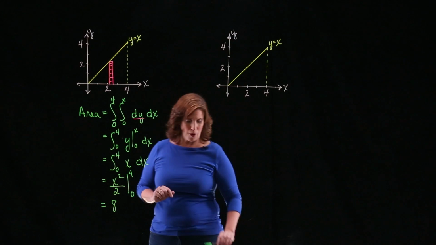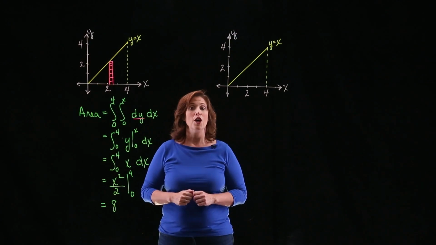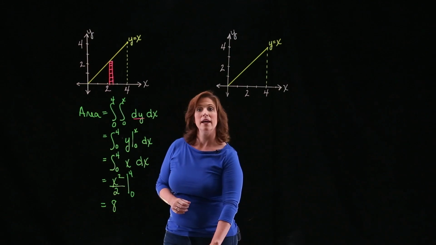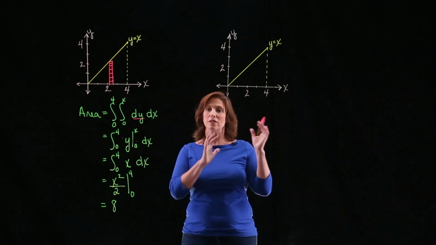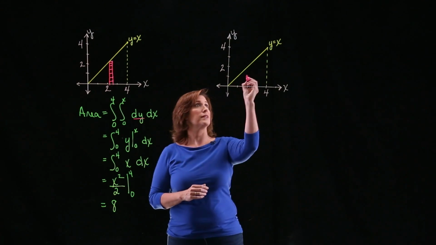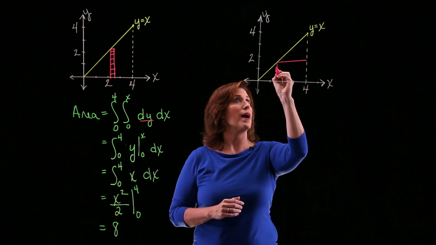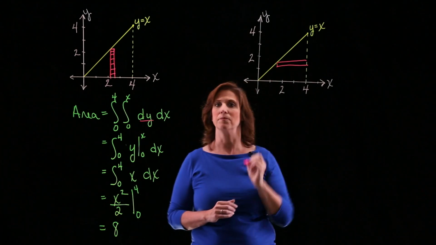Now, in this particular problem, I set up my representative element so that it was vertical. You could also set it up in a horizontal fashion. So let's try doing the problem again using a horizontal representative element. So this time, I'm going to set up my rectangle in a horizontal fashion.